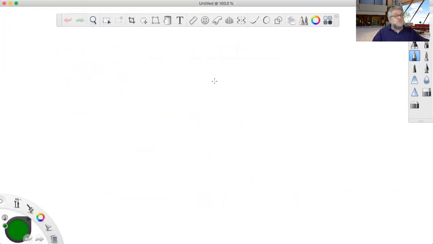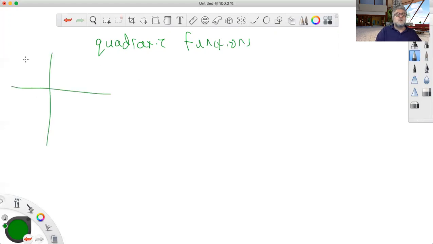Okay, so now let's do quadratic functions. A quadratic function is a parabola, and it's of the form ax squared plus bx plus c.